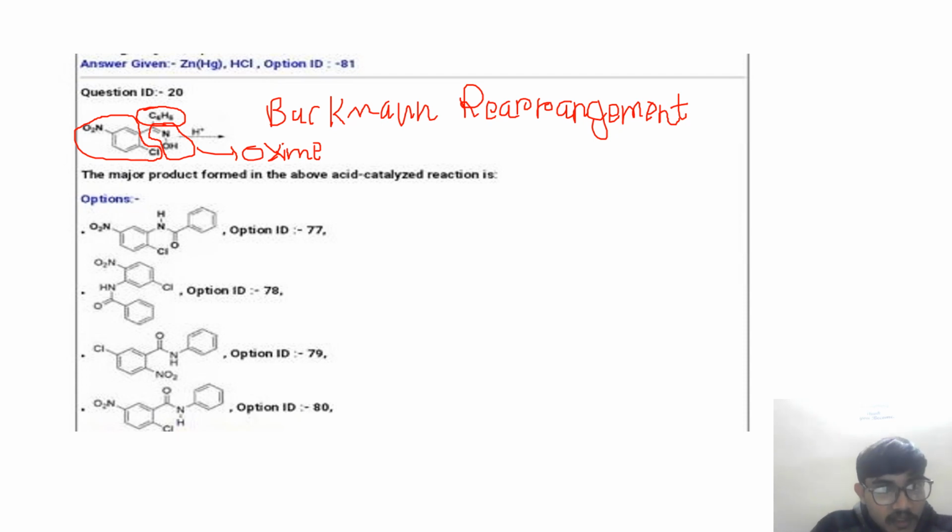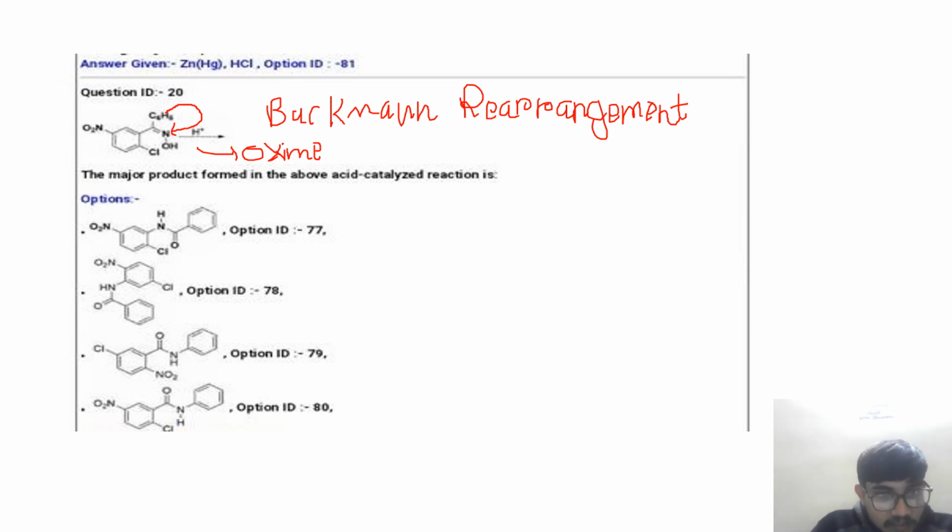What happens is that the group which is anti to this OH, if you see, this OH and this aromatic group, which is benzene, is anti to this OH. So this group is going to transfer onto this nitrogen, and it will form an amide.